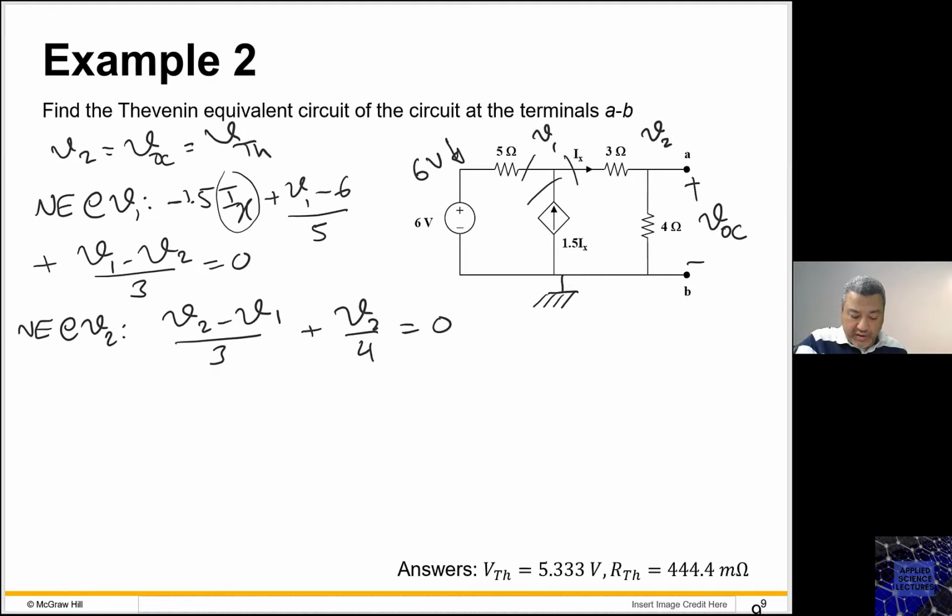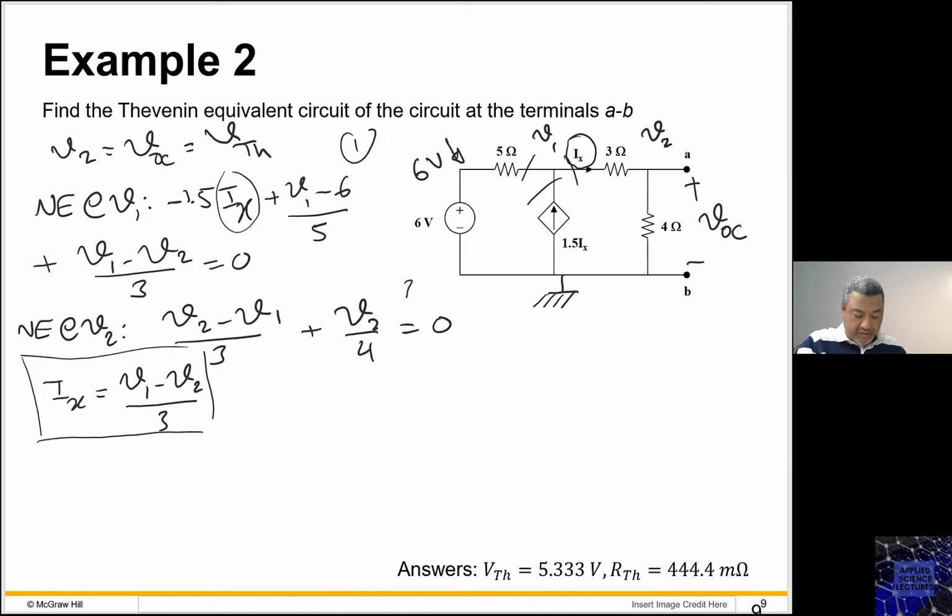Looking here at the Ix, I can see that Ix is indeed V1 minus V2 over 3. So this is my Vx. This one is 1, this one is 2, and this one is 3. Then substituting 3 into 1 to get rid of the Ix.